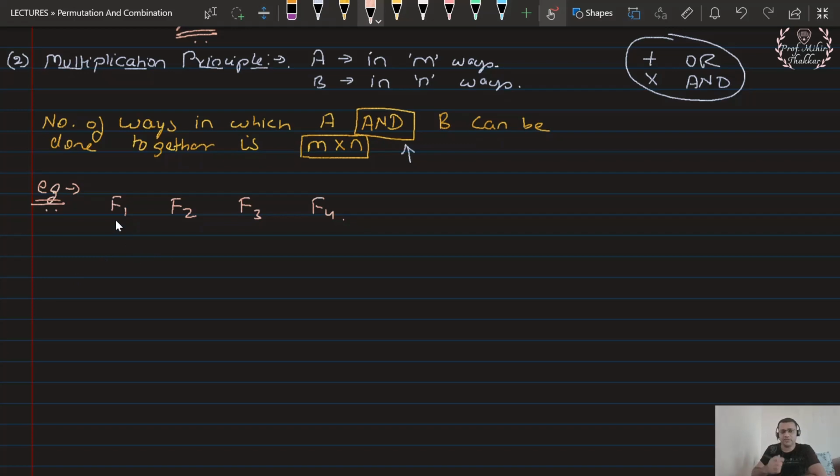So it is similar to the previous case. I can select either the first flavor or the second or the third or the fourth, whichever I like the most. So any one of the 4 flavors out of 4 can be purchased in 4 ways, like we did in the previous example for the t-shirts.